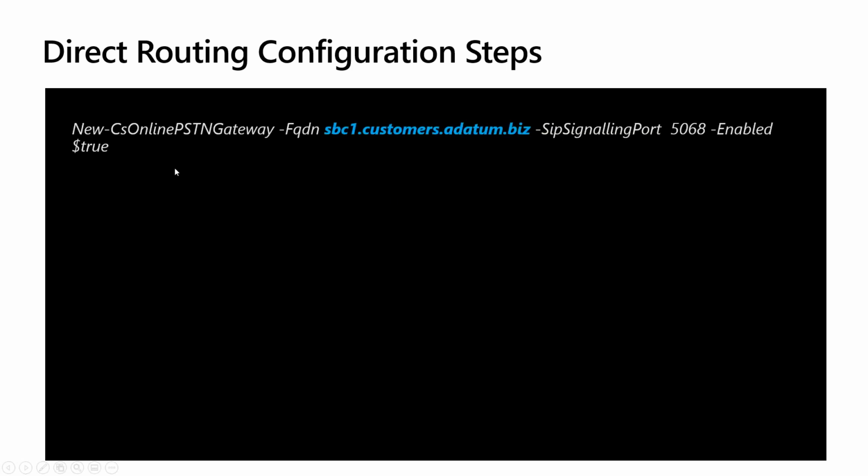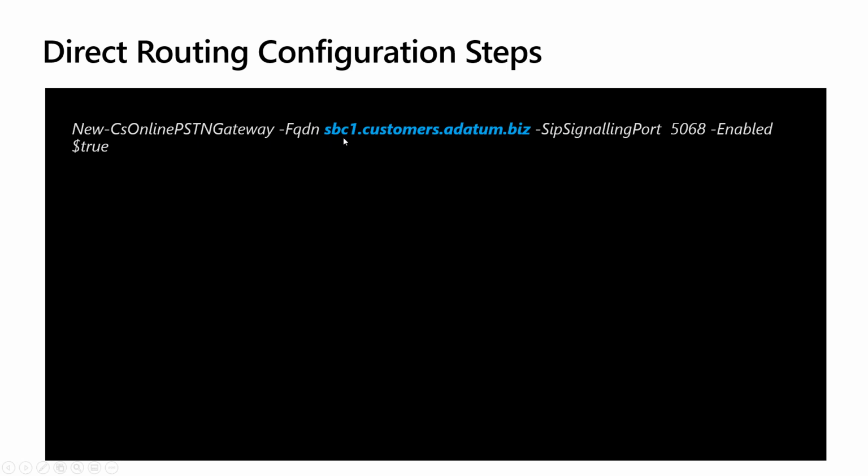And then once this is configured, there are a few PowerShell commands that we need to run. So what are the PowerShell commands? Those are all the PowerShell commands. If you just have one gateway in one location, it's going to be real simple. These are all the commands, so it's not a lot of work. The first thing you need to do is run New-CsOnlinePSTNGateway.